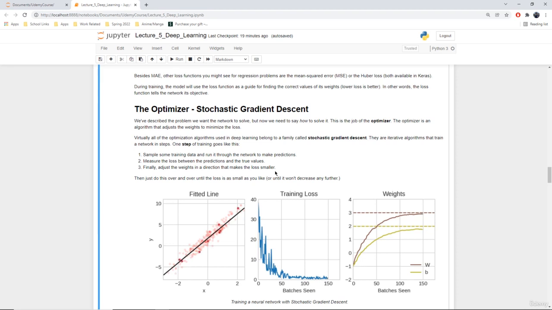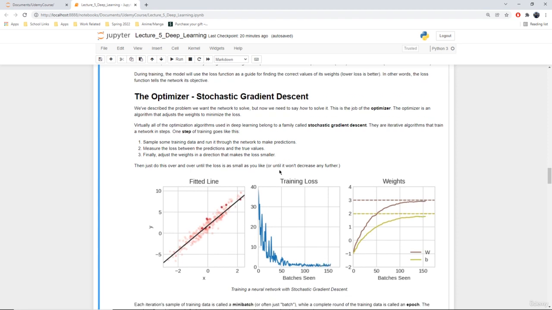First, sample some training data and run it through the network to make predictions. Measure the loss between the predictions and the true values, and then adjust the weights in a direction that makes this loss smaller. We want to do this over and over until we converge to a value that we like.